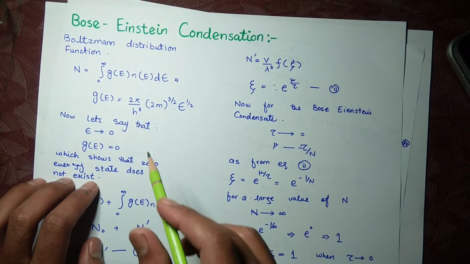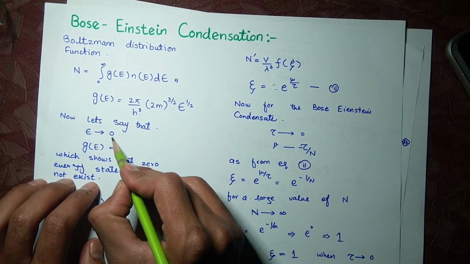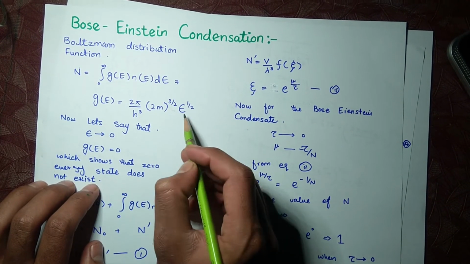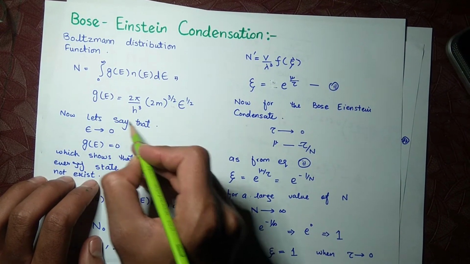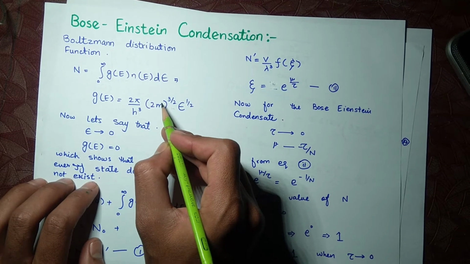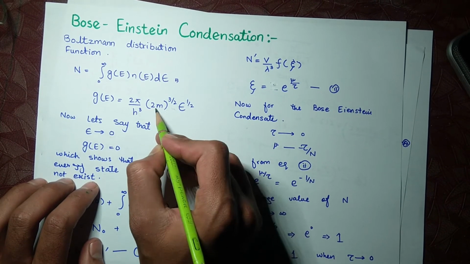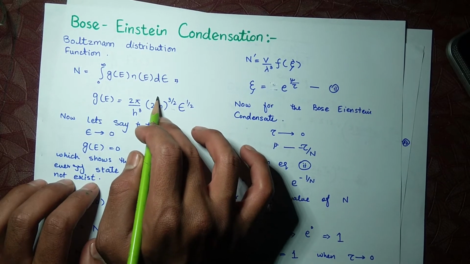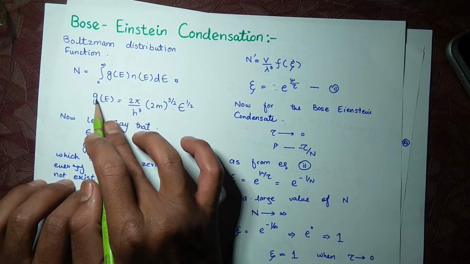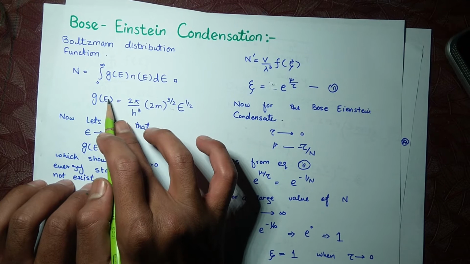Then when this energy E equals 0, what happens? This whole factor gets 0, and it multiplies here and makes all of these factors 0, which means that G of 0 does not exist.